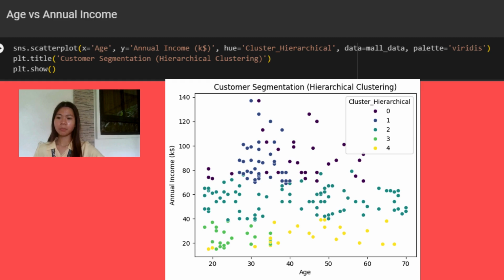For the third comparison, we use the age and annual income features to test their relationship. The age versus annual income plot shows the relationship between age and income, where middle-aged individuals often have higher incomes, while younger and older groups may cluster in lower income groups.